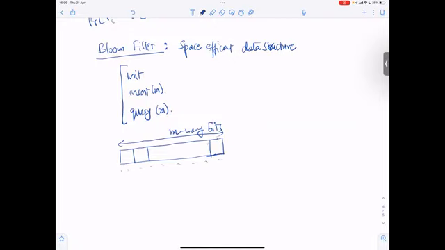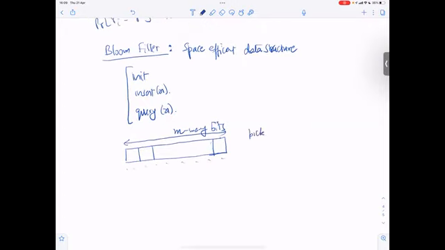And now to insert X, we will also pick k hash functions from U to {0, ..., n-1}. So you will create these k hash functions, which are independent.